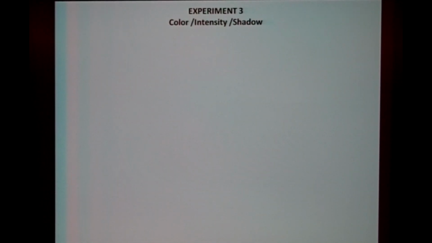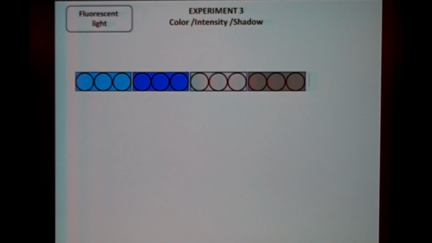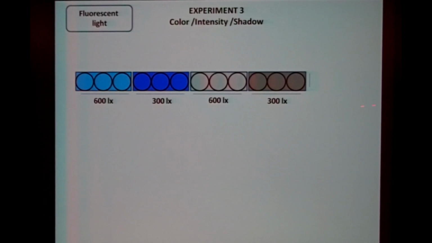According to this, we designed a third experiment, but in this case we had to use fluorescent light. Why? Because we want to increase the intensity and we cannot do that with our LED lights. So we increased the intensity to 300 and 600 lux and normal light.